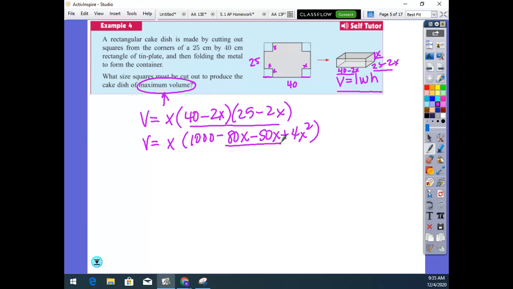I can combine like terms, and so I don't have to write it again, I'm going to distribute this x. Now, so we get 1,000x. This is negative 130x squared. So when I distribute my x, that'll be negative 130x squared plus 4x to the third. So I combined this and distributed the x all at the same time.